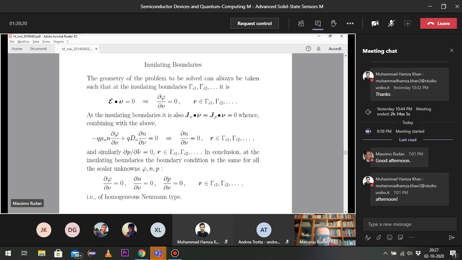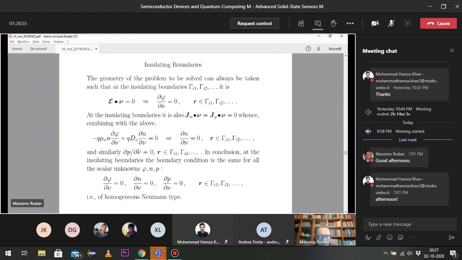In conclusion, all unknowns of the model have the same boundary conditions. Phi, n, and p are prescribed at the contacts, so they have the Dirichlet boundary conditions. And phi, n, and p have a normal derivative equal to 0 at the insulating boundaries.